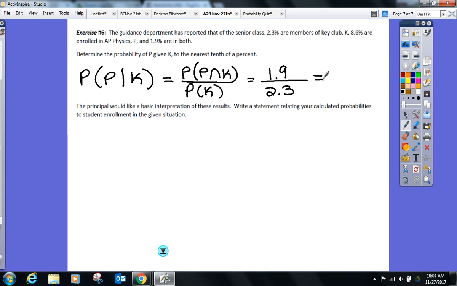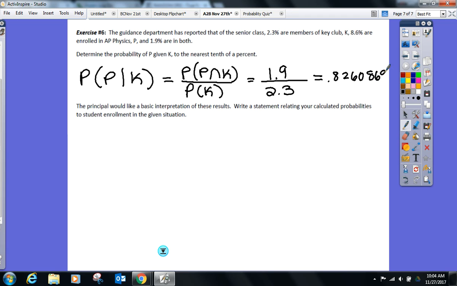What's the probability now to the nearest tenth of a percent? What are you guys getting? 1.9 divided by 2.3. 0.82608.